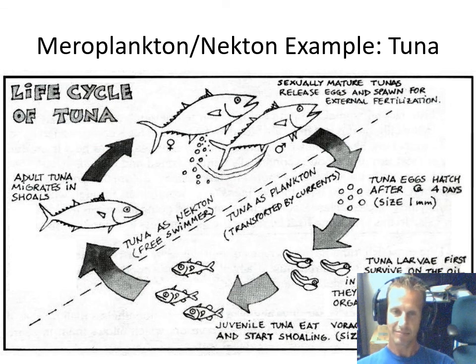And then they gradually get bigger and develop more ability to swim against the currents until they sort of cross that line, and it's kind of a blurry line, but eventually they'll cross over until they can be considered nekton, basically actively swimming organisms, and then the mother and father tuna meet and start the next generation here. You can see they're spawning, which generates the fertilized eggs, which completes the cycle.